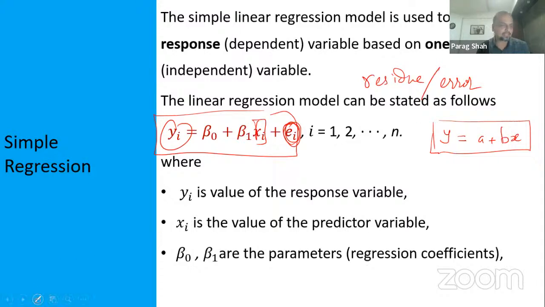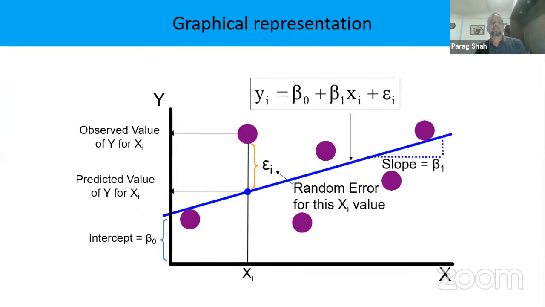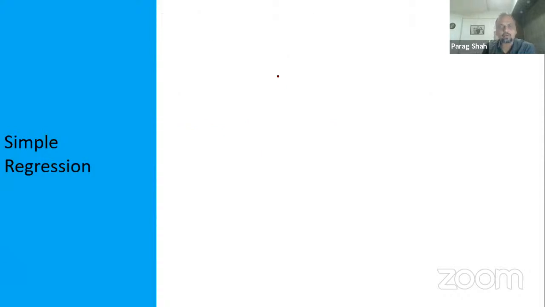I'll give a diagrammatical view so that it is more clear, but let me explain it first here, then we'll go to that chart. I'll take 5 more minutes to go through the technicality of how regression was found.